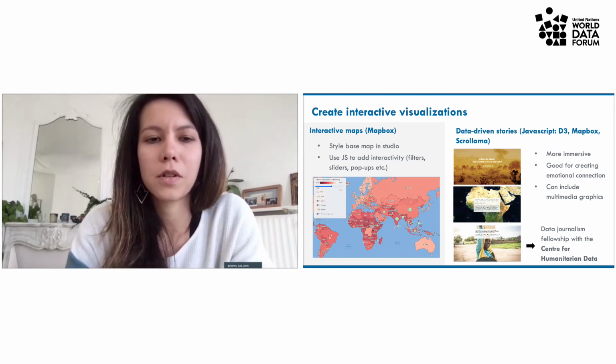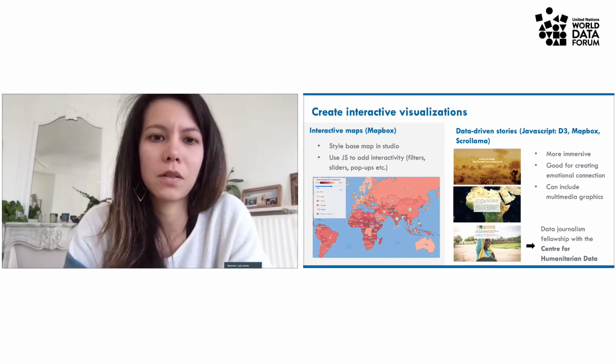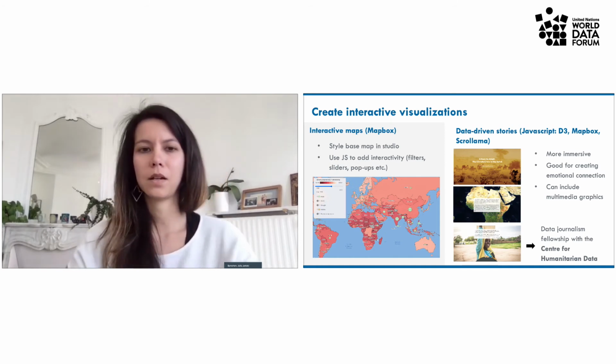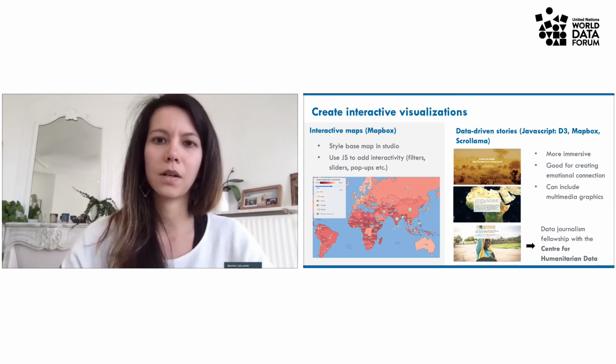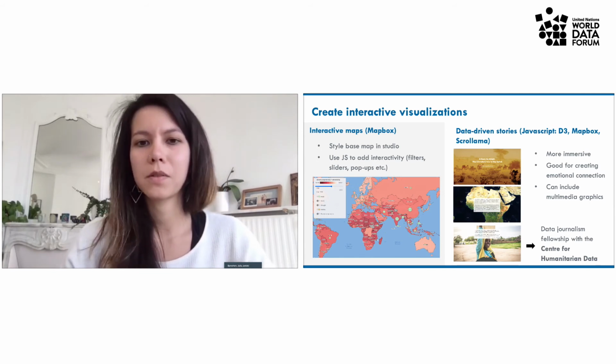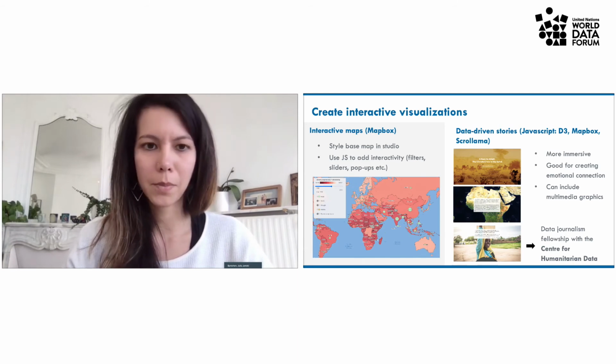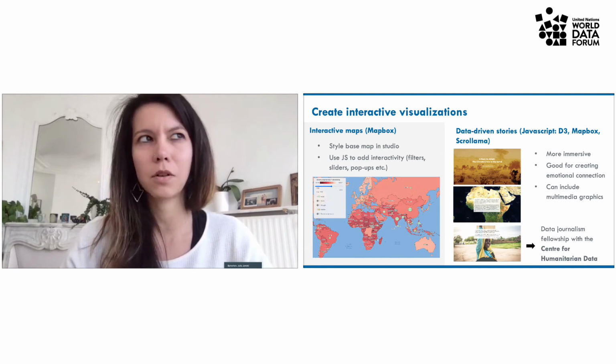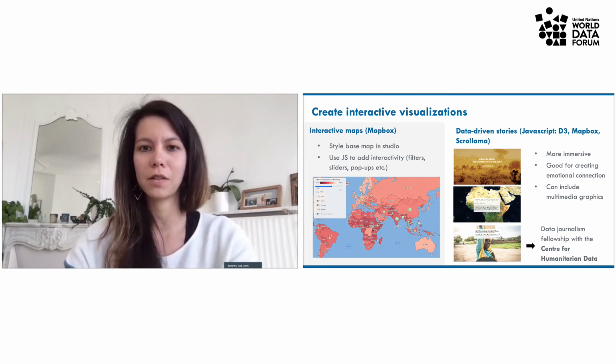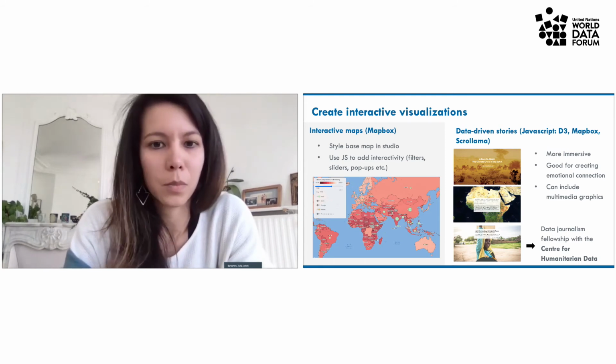Another way of visualizing your data can be a data-driven story, and I usually use JavaScript. More specifically, D3 for the visualizations, Mapbox for the map, and a scroll library for the scrolly effect. Data stories are a lot more immersive.